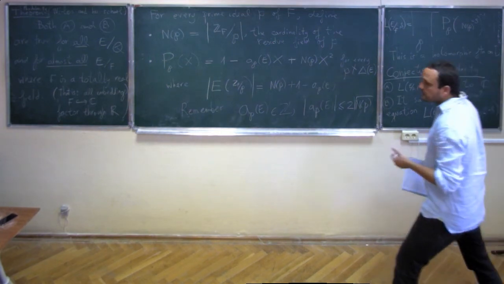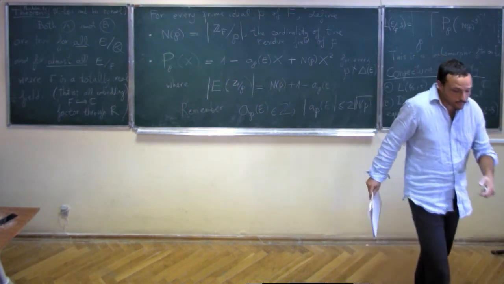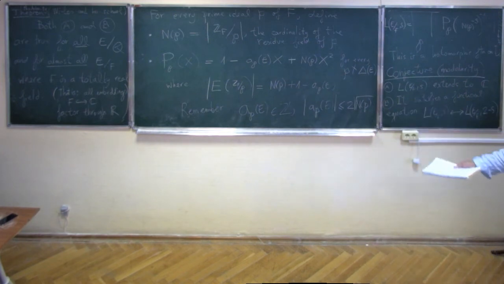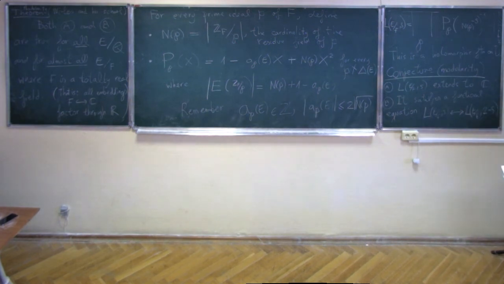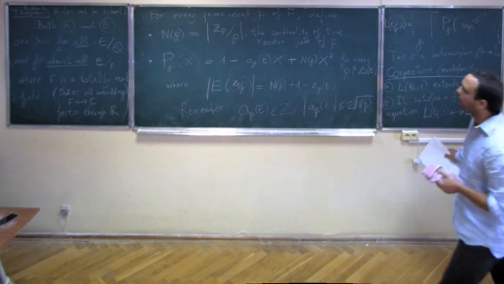So this means that at least for this class of elliptic curves, for all elliptic curves over Q and, say, for almost all elliptic curves over totally real fields, this is true, and therefore it makes sense to talk about the value of this holomorphic function at s equal to 1. And in general, since we believe this conjecture, I will assume from now on that F is an arbitrary number field for which we know that this conjecture is true, so that we can speak about that.